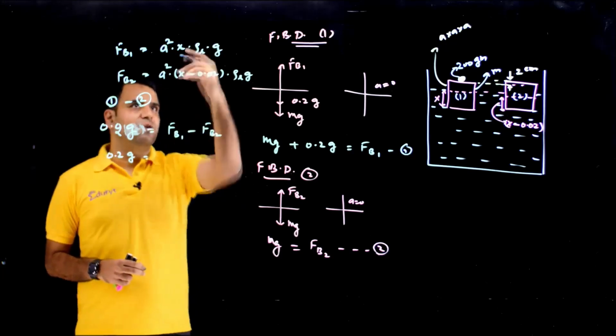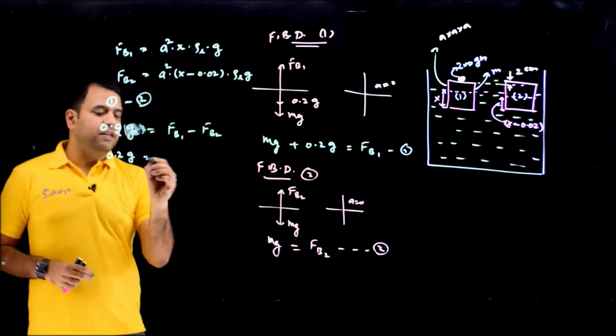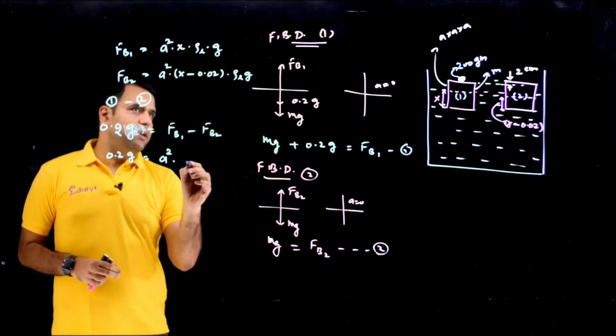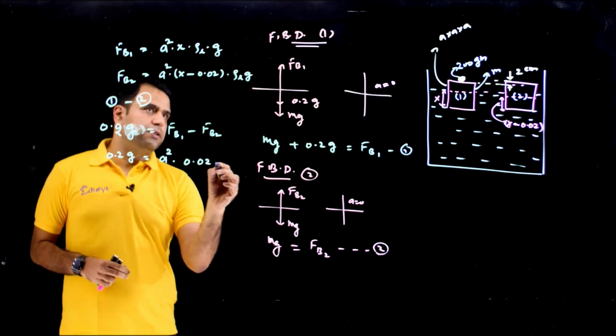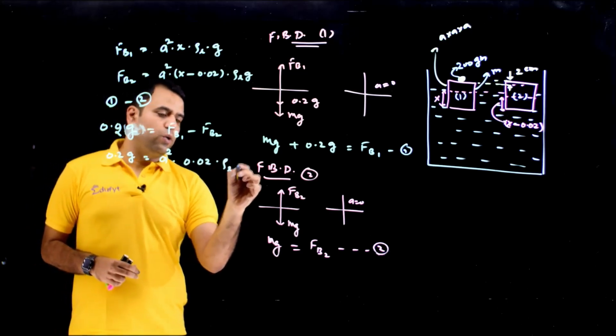If I do that, FB1 minus FB2 will be equal to a square multiplied with 0.02 multiplied with rho L into g.